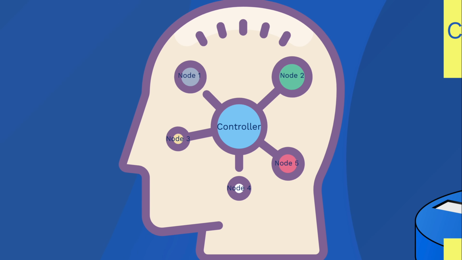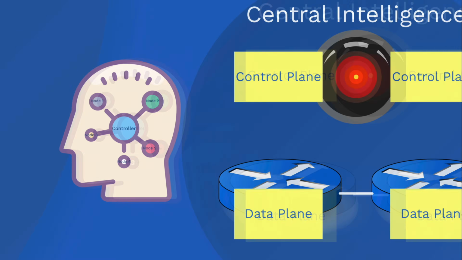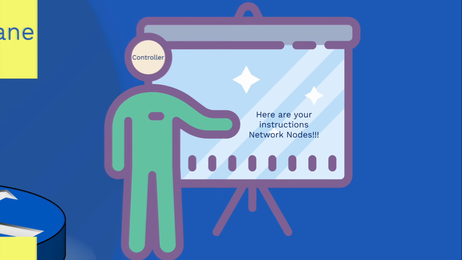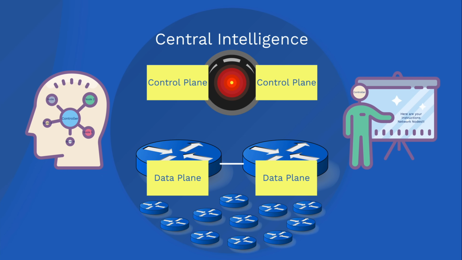All of the network elements, the different network devices that you have, are controlled and managed by this controller. Another way of looking at the controller is that it's an instructor that tells network nodes what to do. That's another function of the central intelligence.